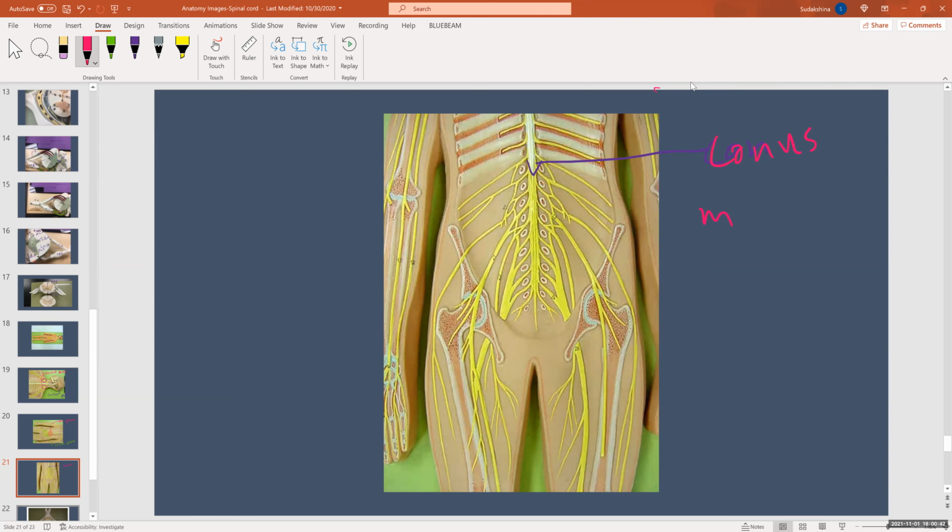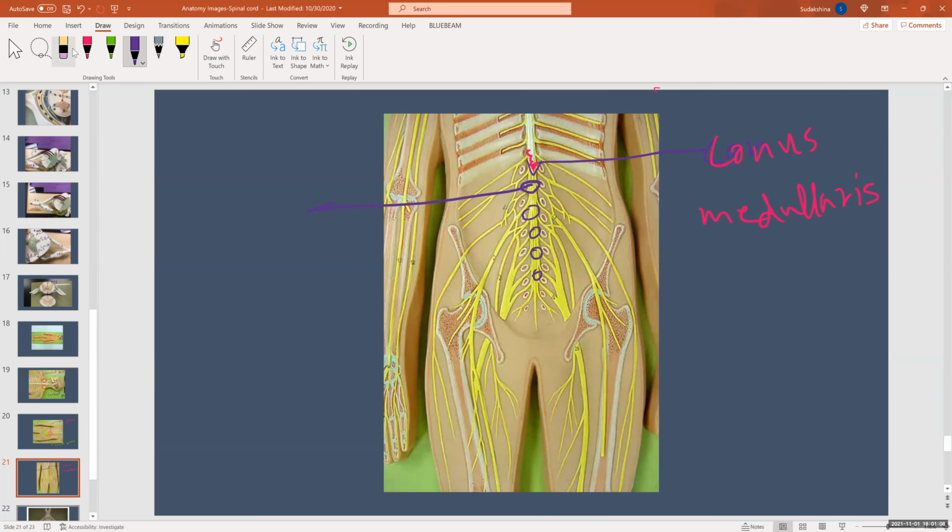This is conical. And look at this group of spinal nerves that are exiting like the tail of a horse. This whole group of spinal nerves that are exiting as tail of the horse is continuing on.